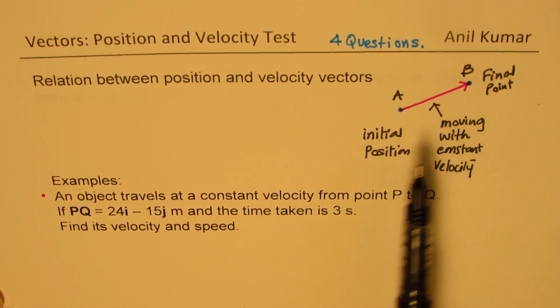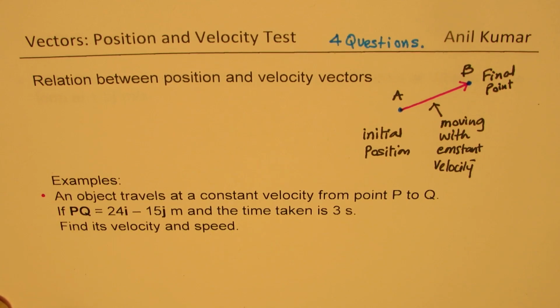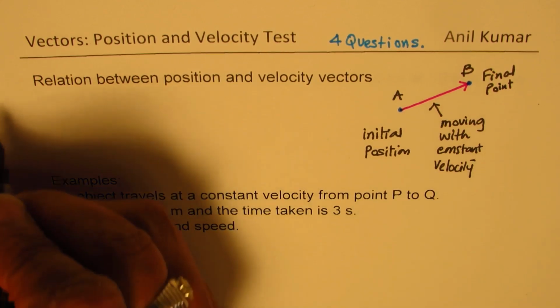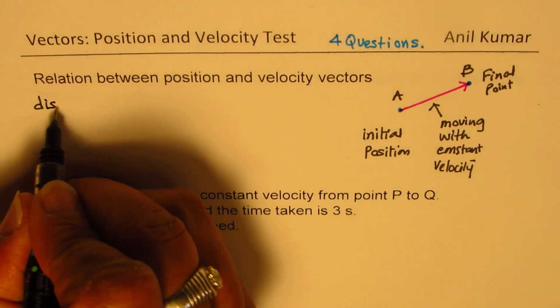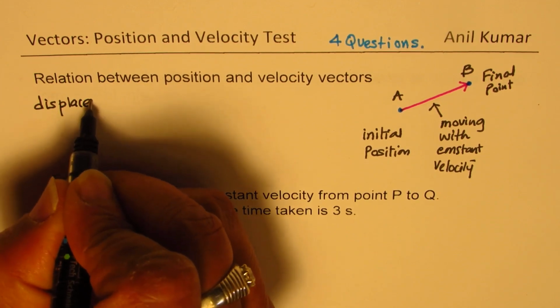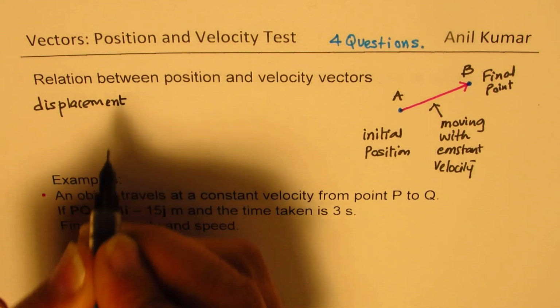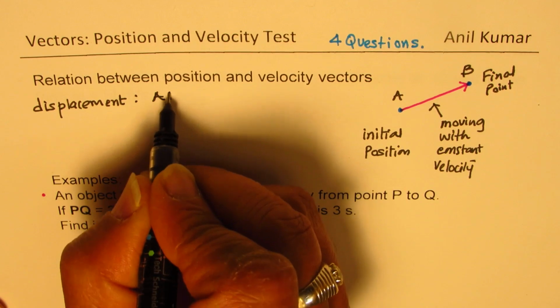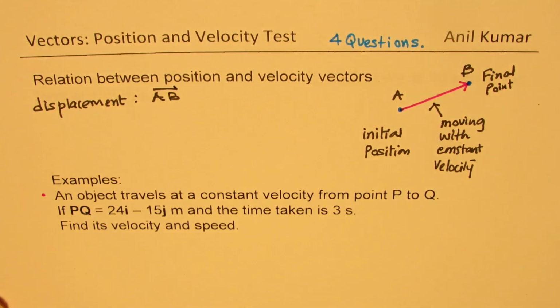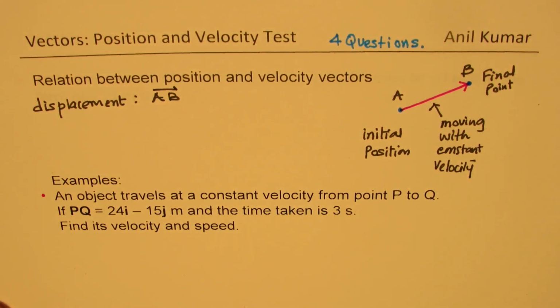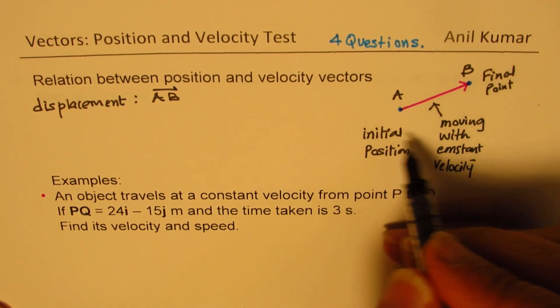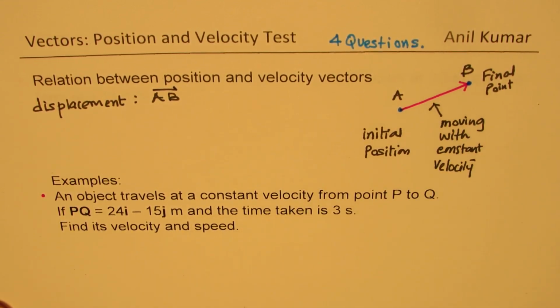Now in vectors, we can actually relate all these things, right? So we say displacement is A to B, right? That is displacement. Now, displacement can be defined in terms of all these things which we have defined here.